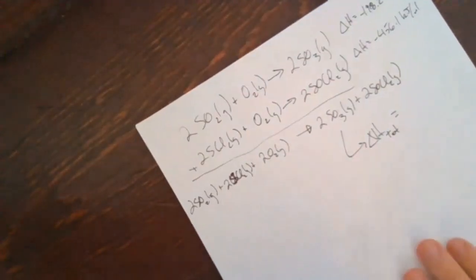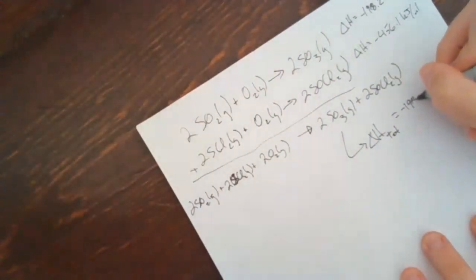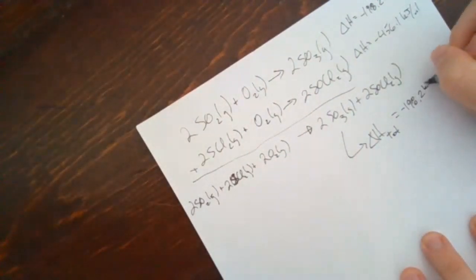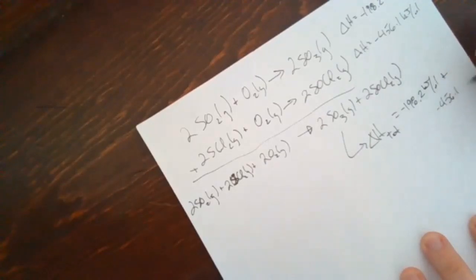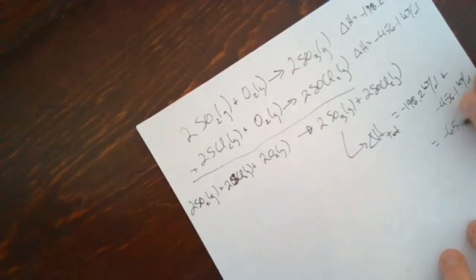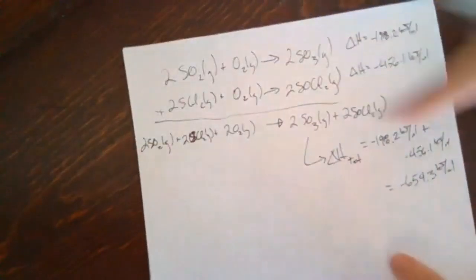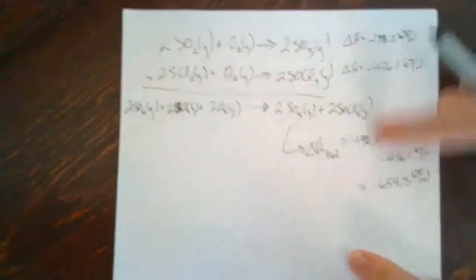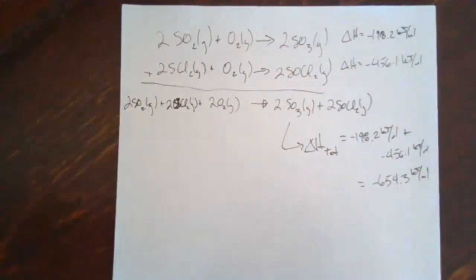Just add those two together. It's going to be negative 198.2 kilojoules per mole plus negative 456.1 kilojoules per mole, which gives you a total of negative 654.3. So this is true. The enthalpy of this reaction is negative 654.3.